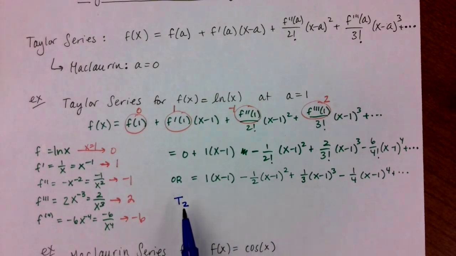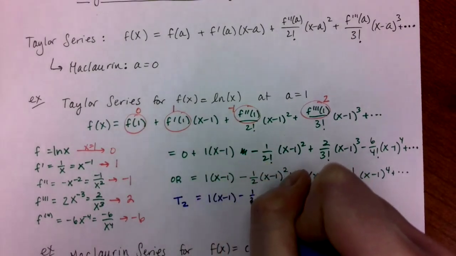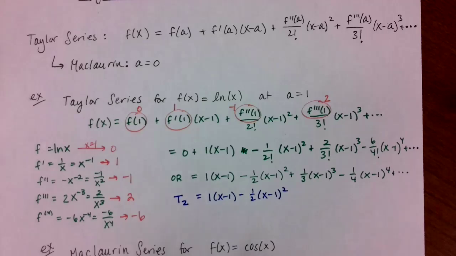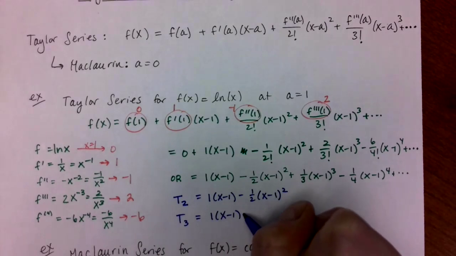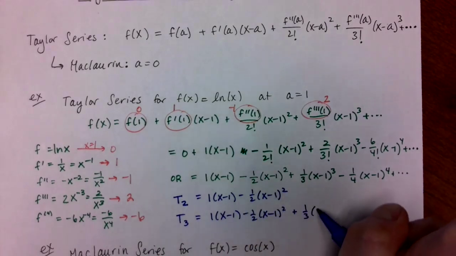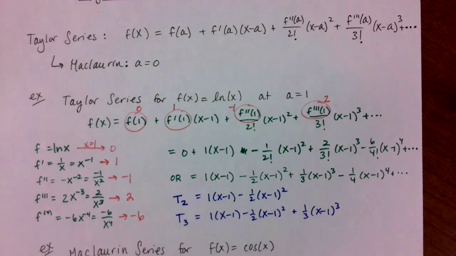So T2 should be a degree 2 quadratic. So I'm going to go out to the quadratic term. And it's in kind of an unusual format. That would be T2. If I wanted T3, same thing. I would go all the way out to the degree 3 term. So once you have the Taylor series, then you can bust out as many Taylor polynomials as you would like.